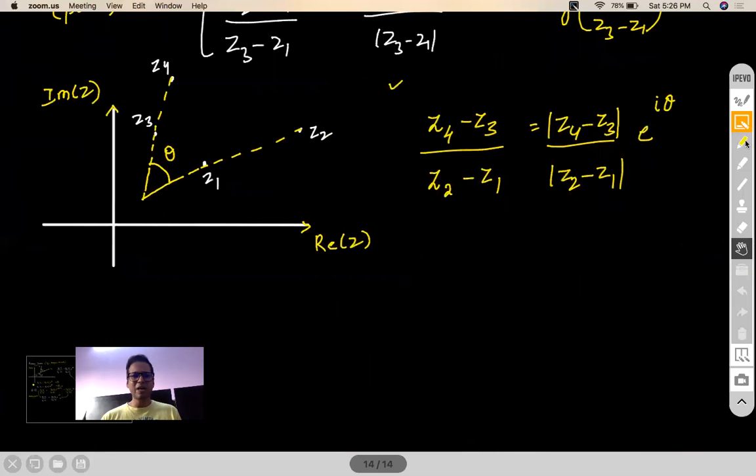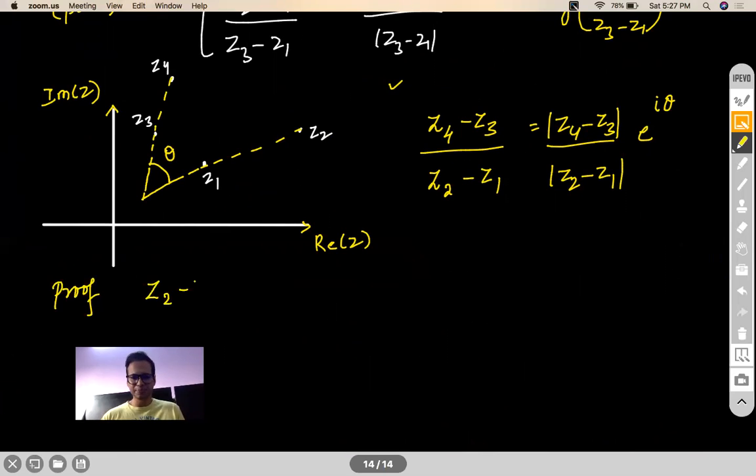Now, how does this come? Very simple. If I ask you what is Z2 minus Z1, you will say in the Euler form, it is mod Z2 minus Z1 e to the power i alpha. Imagine a vector starting from Z1 and going to Z2. If you extend this backward, let's say this is your alpha.